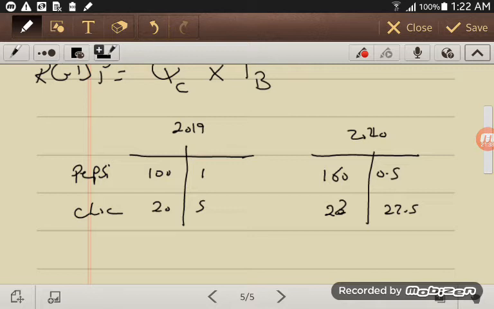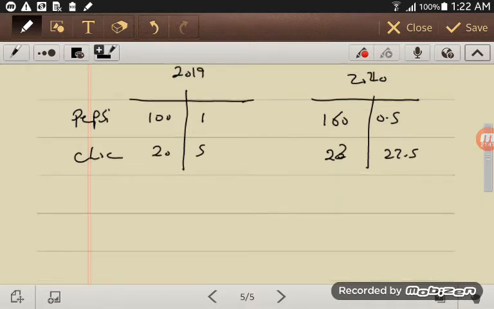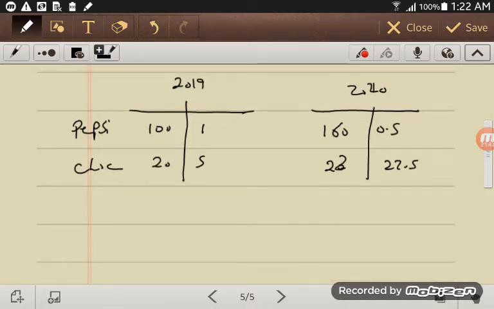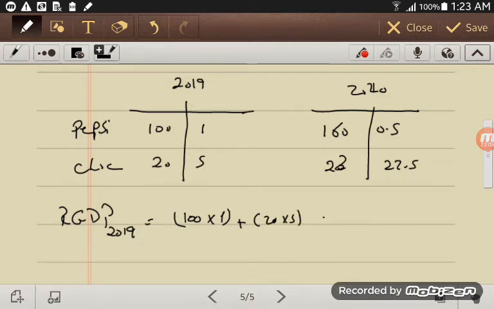And we would like to calculate real GDP for year 2019 and year 2020, given that year 2019 is the base year. So real GDP for year 2019, it will be 100 multiplied by 1 plus 20 multiplied by 5, which is 200.